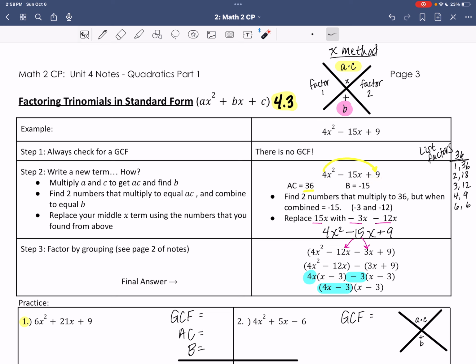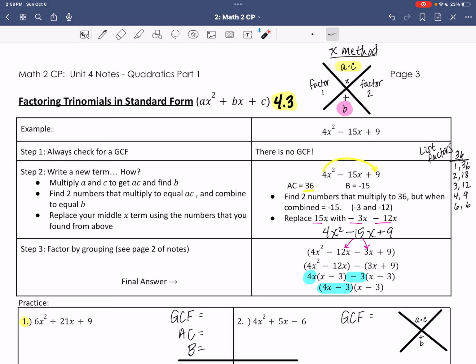So what we have to do is figure out what A times C is. And we take A times C. Well, 4 times 9 is 36. So that's going to be one part we need. The second part we need is B. B is negative 15, and so that's what we're looking for.